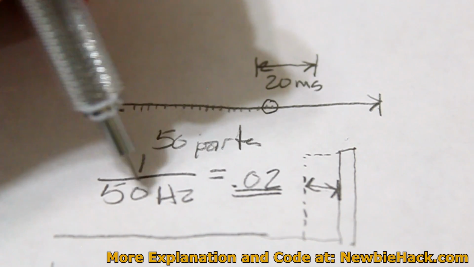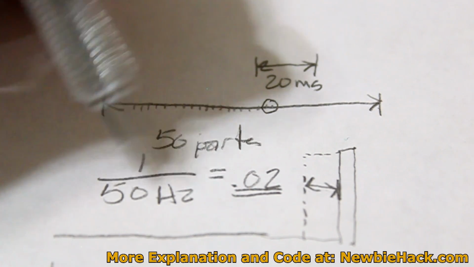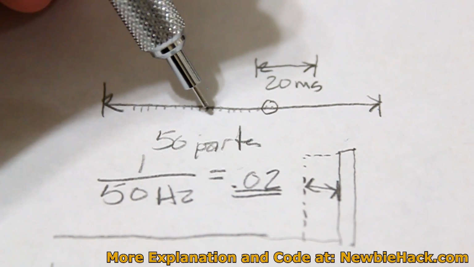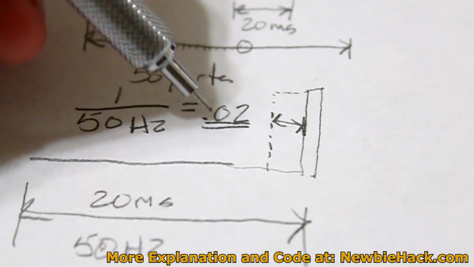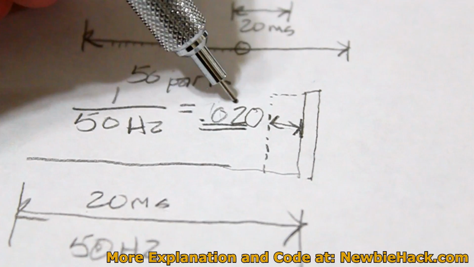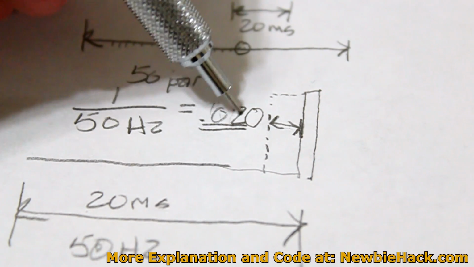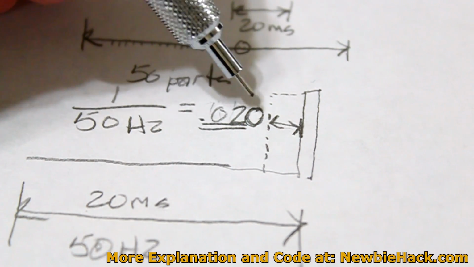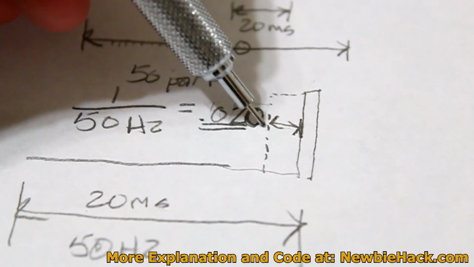So if you have 50 hertz, you're dividing 1 over 50, you're getting the space between each part of the division. This digit in seconds would be the deciseconds. This is centiseconds, so we actually have 2 centiseconds, but if we put a 0 after it, we have 20 milliseconds, because milliseconds is in the thousandths place.